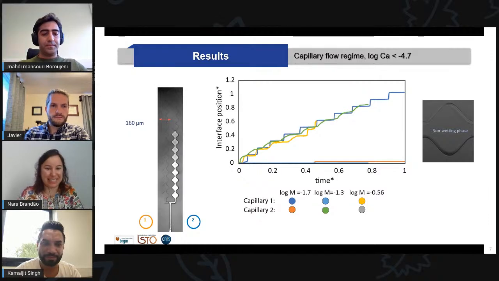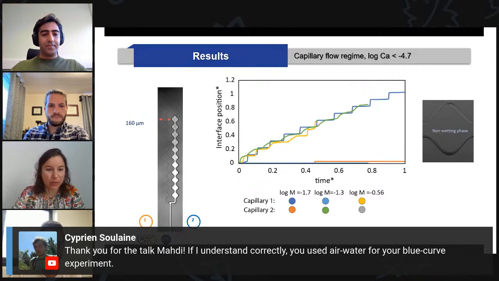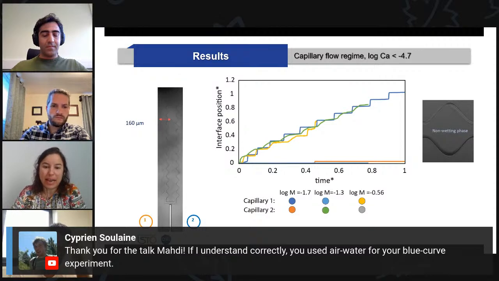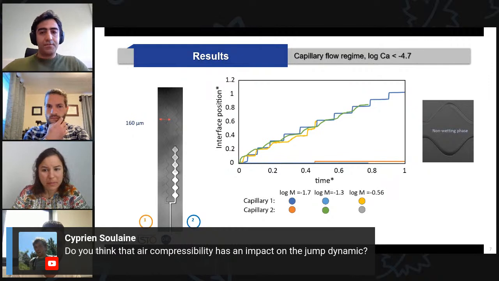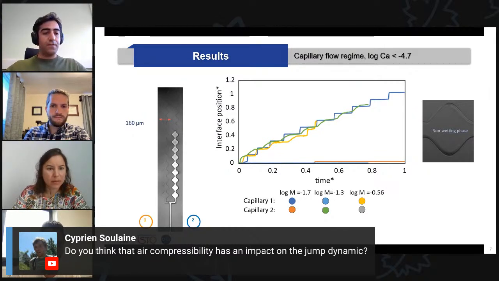Okay, yes. Thank you. And we got another one from Cyprus. Thank you for your talk. If I understand correctly, you used air-water for your blue curve experiment. And so do you think that air compressibility has an impact on the jump dynamics? Okay, yes. This is a challenge for the system of air and water, like the compressibility of the gas.